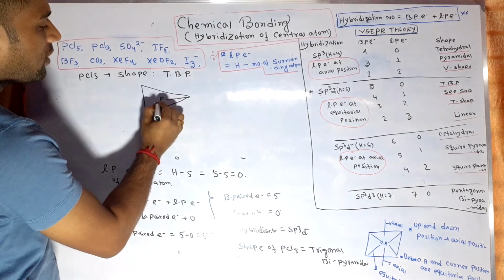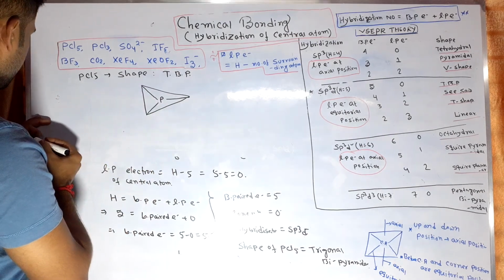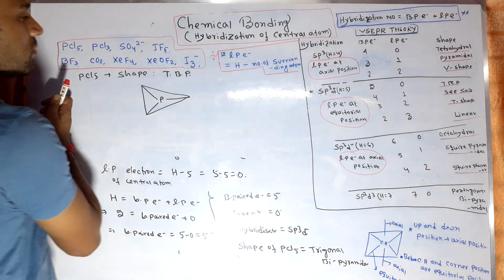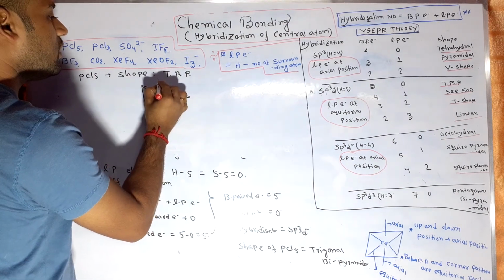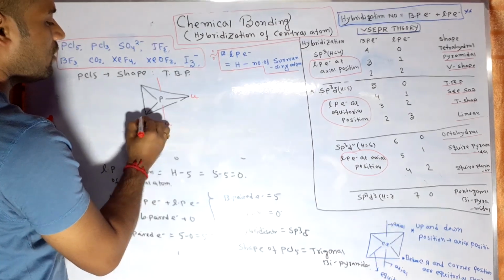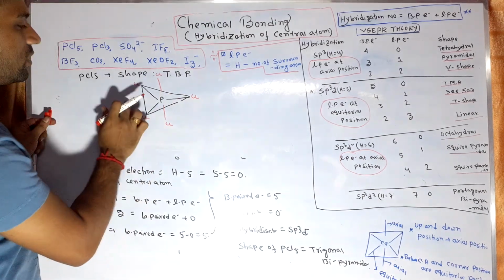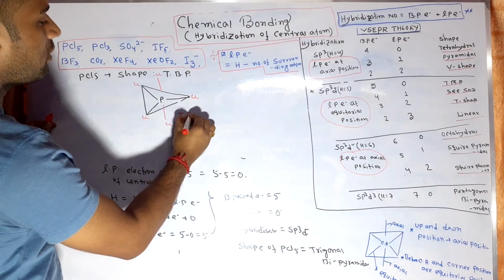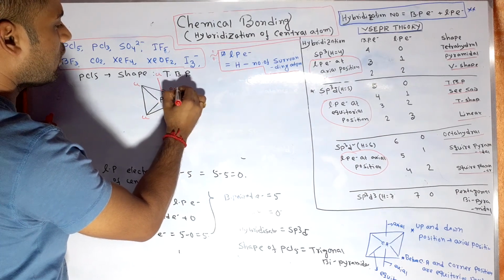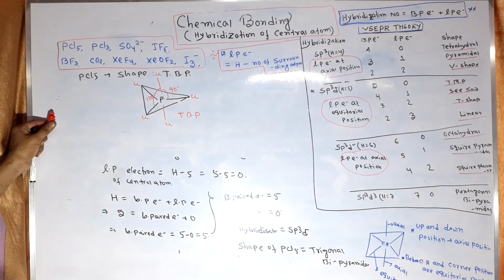The corner positions are known as equatorial positions. Then this is the axial position. 5 chlorine atoms occupy these positions: 1, 2, 3, 4, 5. So this is the structure of TBP. Bond angle: in the TBP structure, 90 degrees and one bond angle 120 degrees. This is the bond angle.